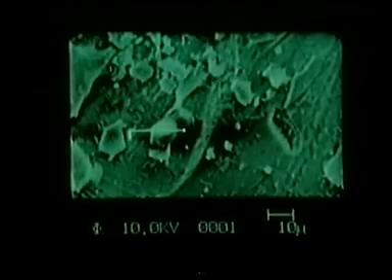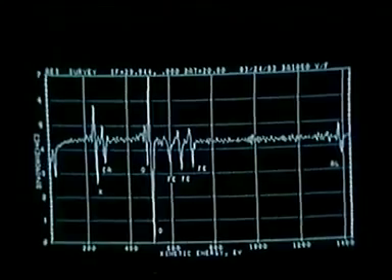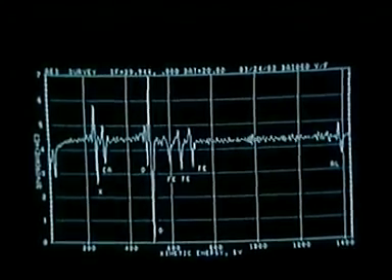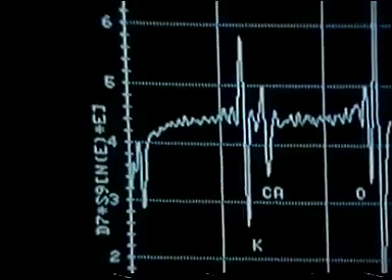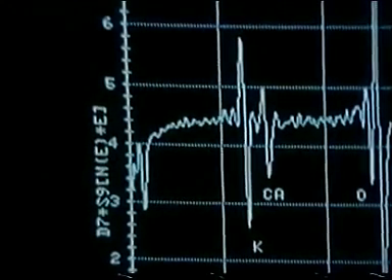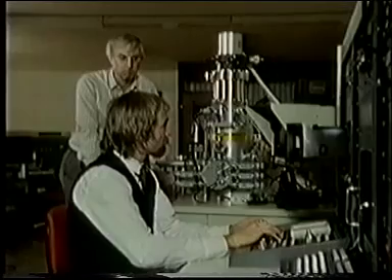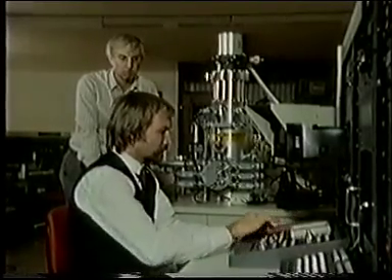Let's call up the Auger spectrum for that tiny point. There are peaks due to Auger transitions in the elements present at the surface. Let's start with potassium. This is one of its Auger transitions. Now the electron analyzer is tuned so that it only picks up electrons with the velocity characteristic of this particular transition.